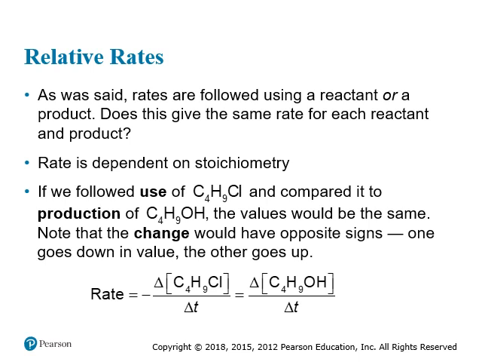The change of butyl alcohol is going to be positive. The change in butyl chloride is going to be negative. So once again, we account for that by making the consumption a negative value. Taking a negative and multiplying it by a negative gives us a positive. So our rate of reaction is always going to be a positive number.